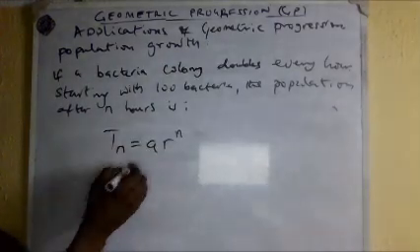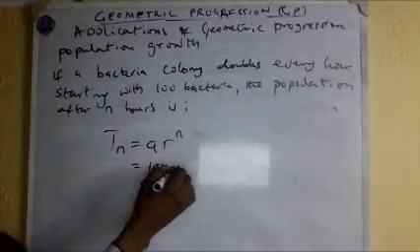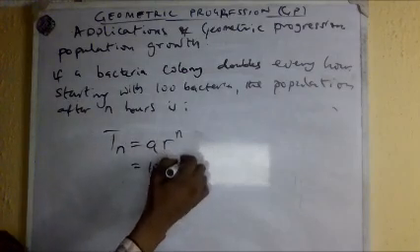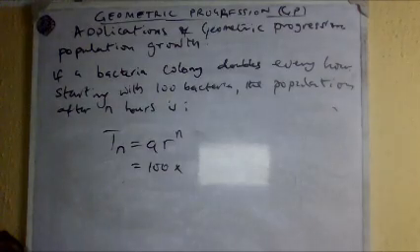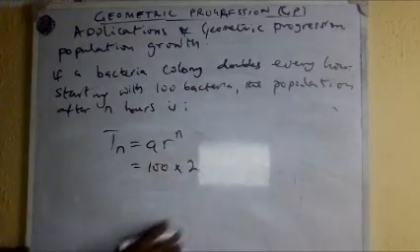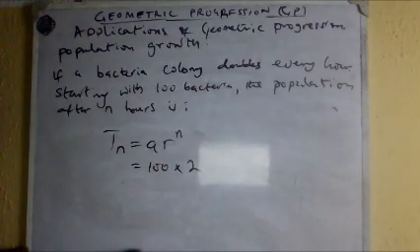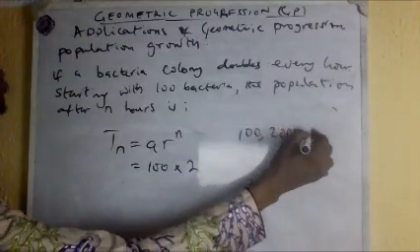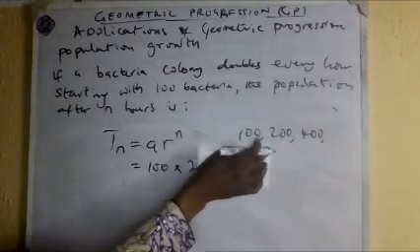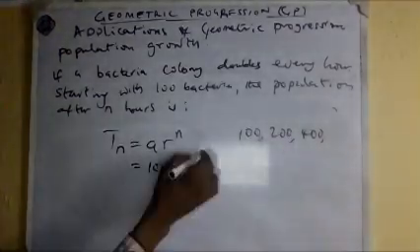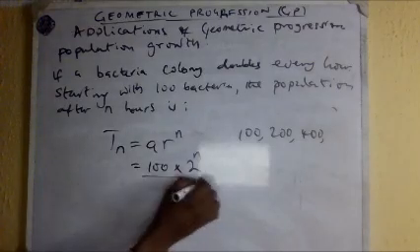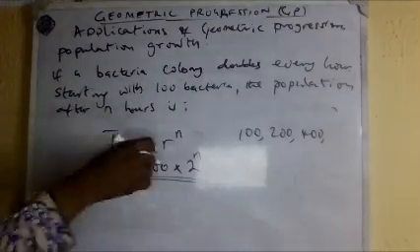At the nth hour, 100 times R, where R is 2, because it doubles: 100, 200, 400. It's just doubling, so R is 2. Then the population after n hours is this.